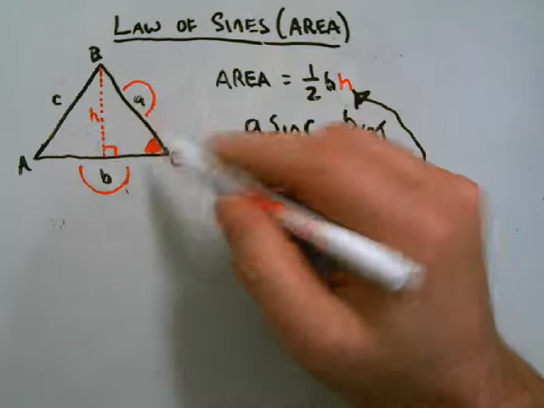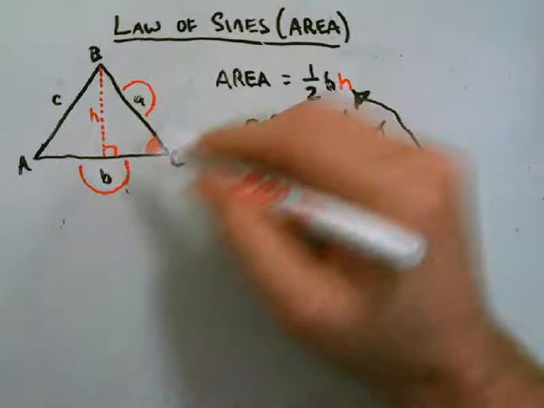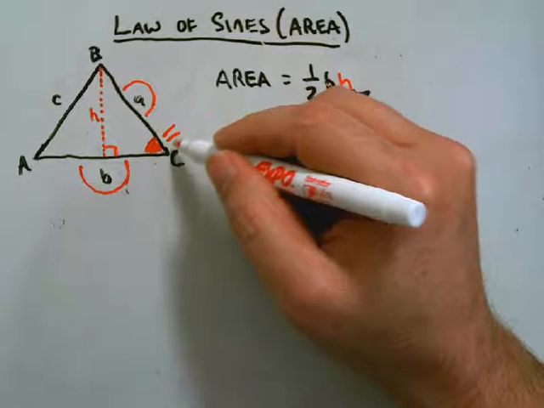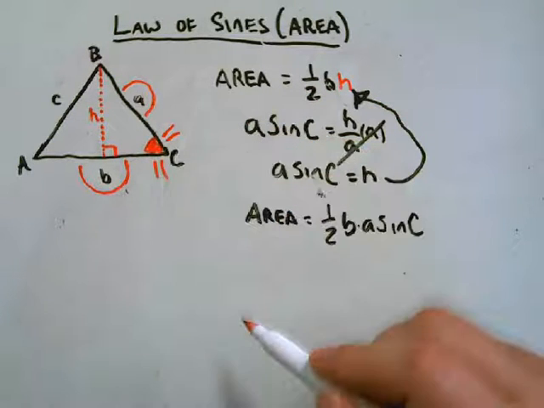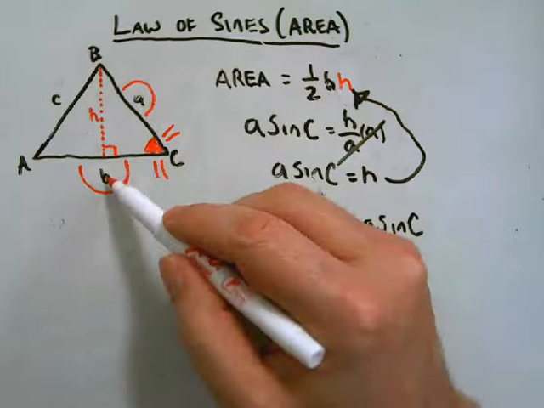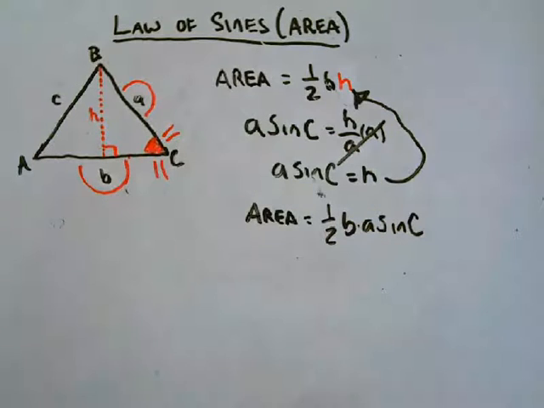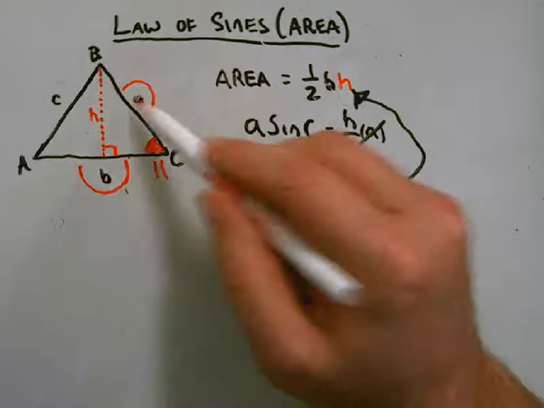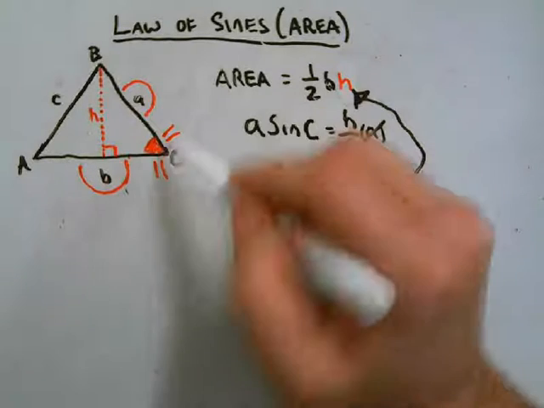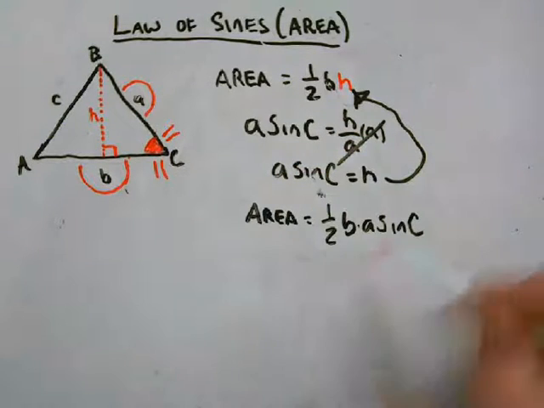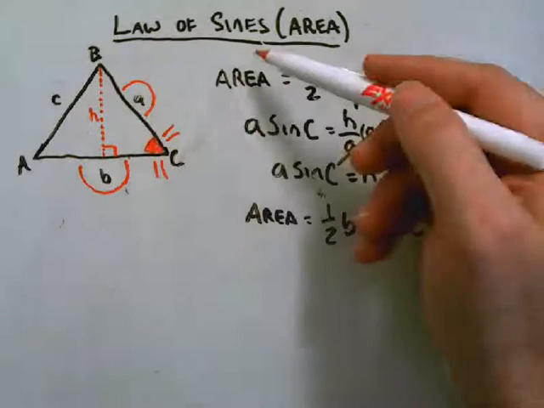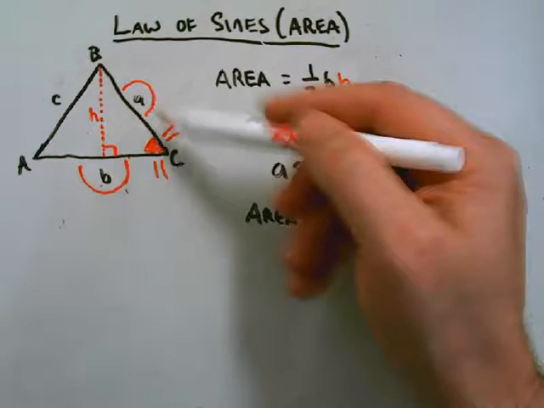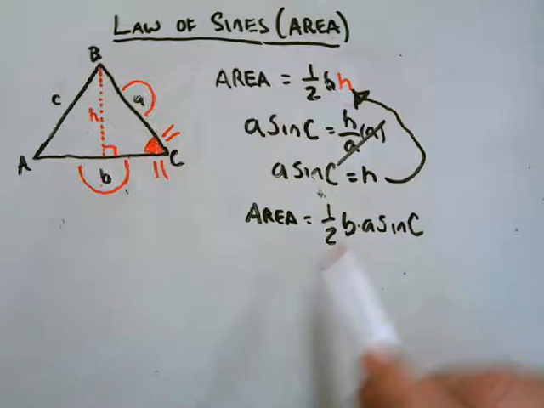What I actually refer to this as is you try to make a mouse. If you're looking down, the angle that you have would be the nose, and the two sides that you have would account for the ears. Unless you have this mouse setup, you can't use this formula. You'd have to use some other forms, either law of sines or law of cosines, to get these three pieces of information, and then you could go ahead and use the formula and get the area.